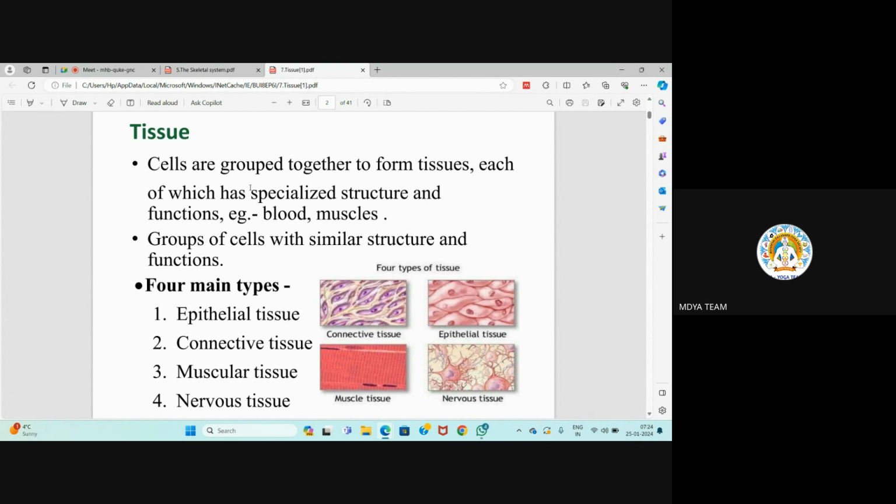Mainly there are 4 types of tissue, and you can see them in this picture also: epithelial tissue, connective tissue, muscular tissue, and nervous tissue.